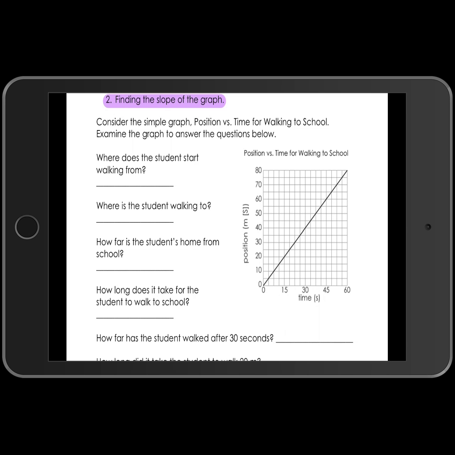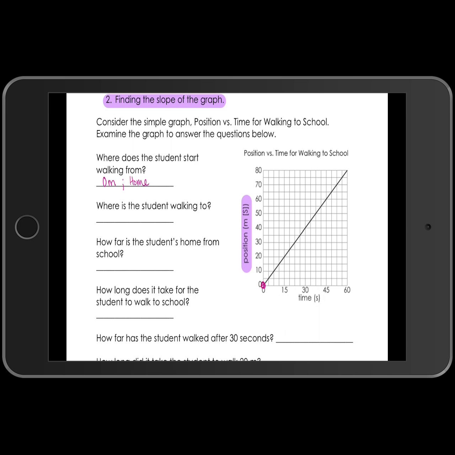If we look at time 0, the position in this case is 0 meters, because if we look at the units on the y-axis, it's in meters south. We can also assume that this student is at home, as their starting position.